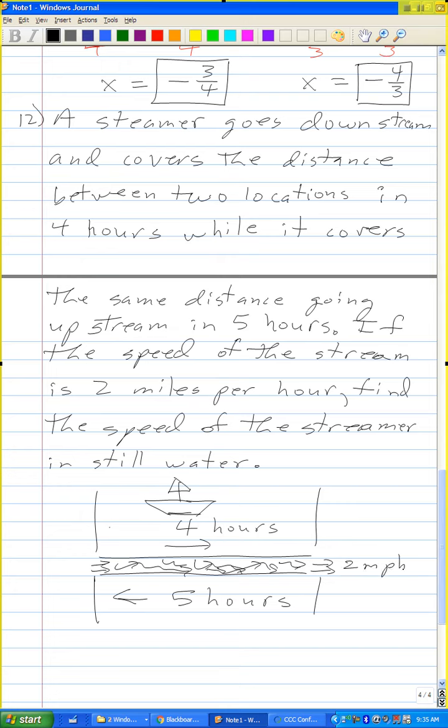Let's say that the steamer in still water goes x miles per hour. Therefore, when it's traveling with the stream, it's going x plus 2 miles per hour. When it's going against the stream, it's going at x minus 2 miles per hour.